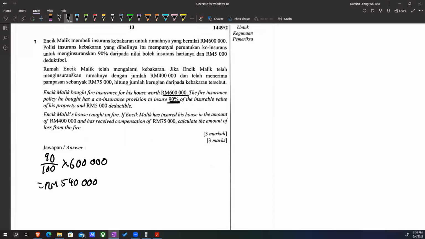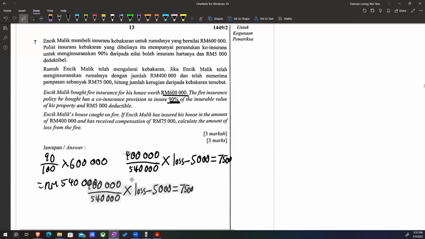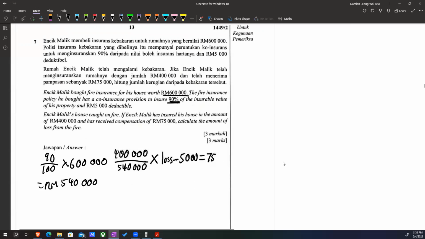Now, how much he will be compensated is how much he bought over how much he needs to buy, times the loss minus the deductible. The deductible is 5,000. Then that will be equal to the 75,000.